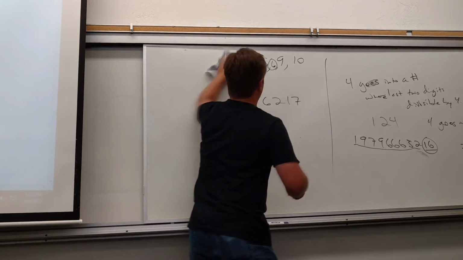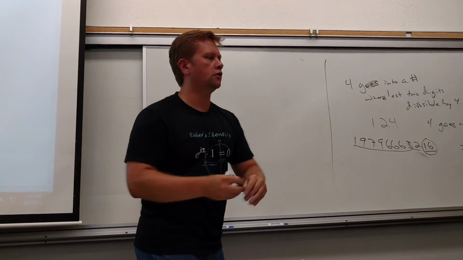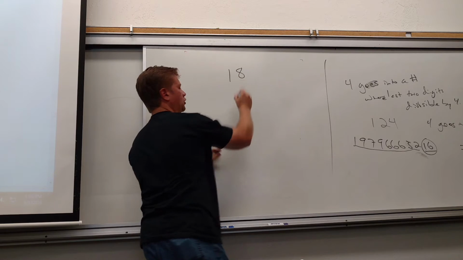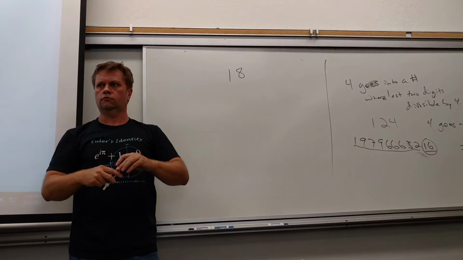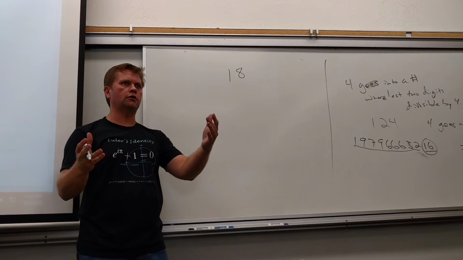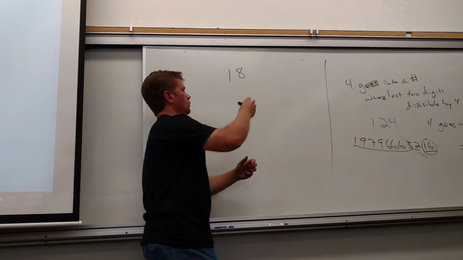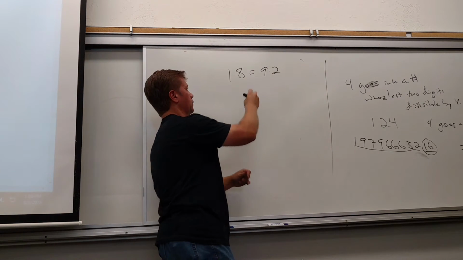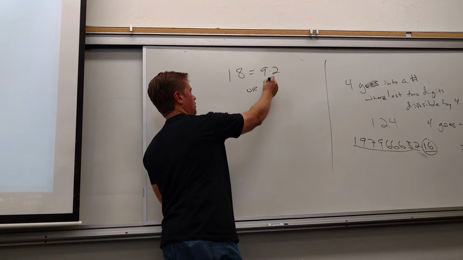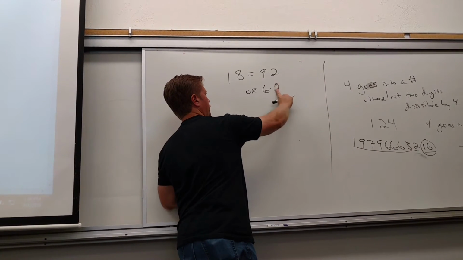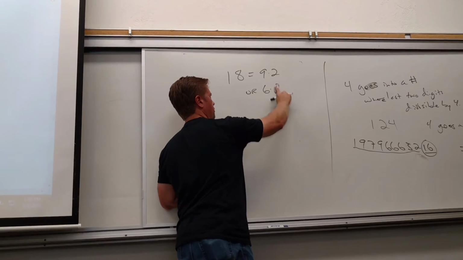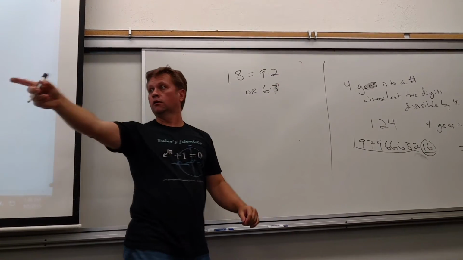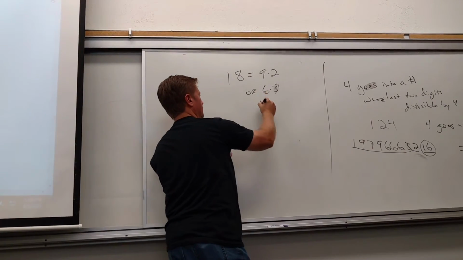Okay, all right, you ready? So, if I said factor 18, there's a few different answers I would take. How do you factor 18? 9 times 2. What's another way to factor 18? 6 times 3. Any other way to factor 18? 18 times 1. Beautiful. I love it.